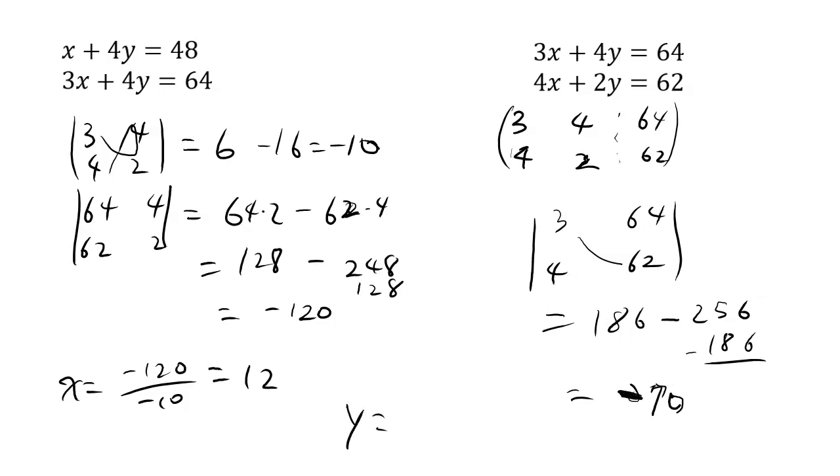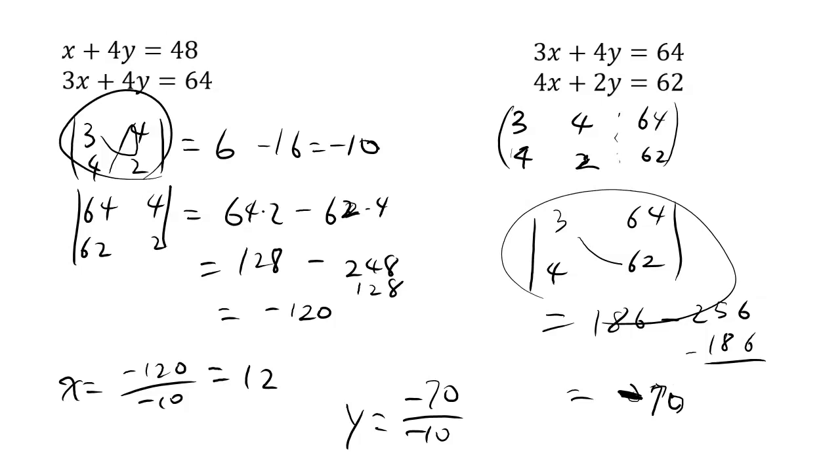So y would be negative 70 divided by negative 10. It's this determinant divided by this determinant, so you get 7. So the answer for this would be 12 comma 7, with x and y being 12 and 7.